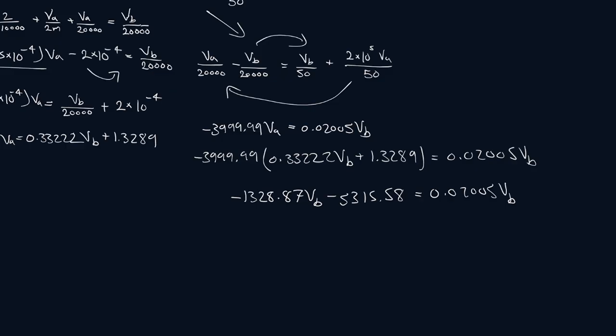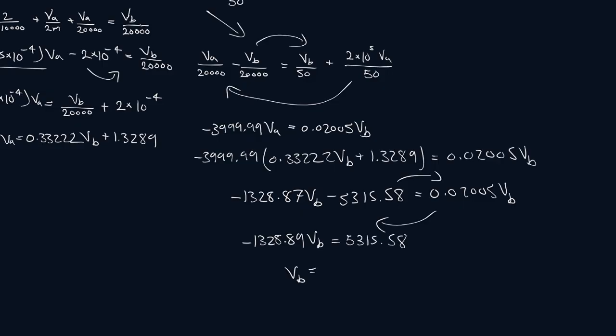And let's solve for VB. So bring this here, bring that here. So minus 1328.89 VB equals 5315.58.